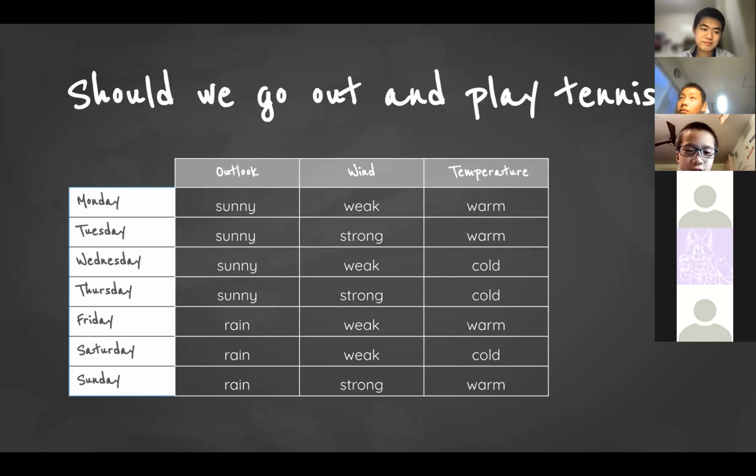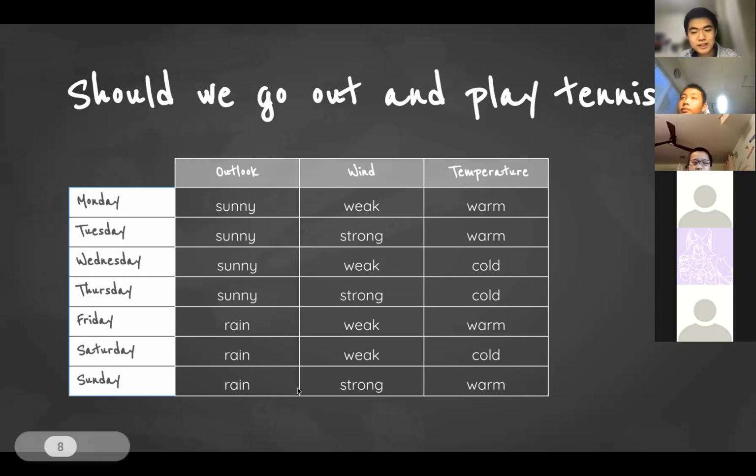So they are the only ones left, and then I look at the second one where the wind is strong, get eliminated. So it's only Monday and Wednesday, and then the next one on Wednesday it's cold, so that gets eliminated. And then sunny, the wind is weak, and the temperature is warm, you can do it.